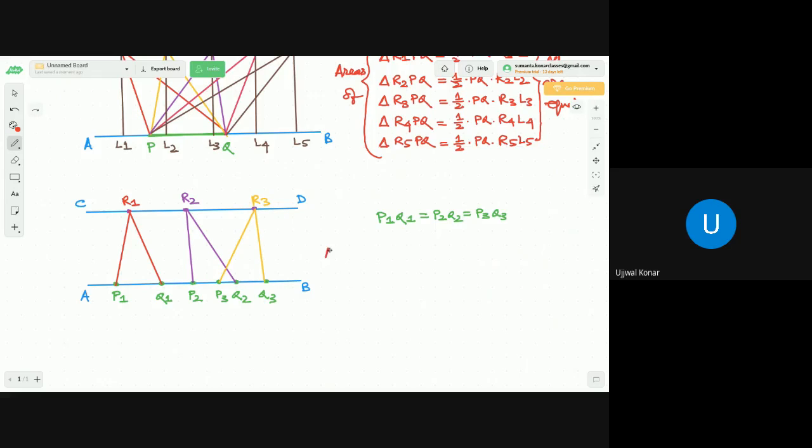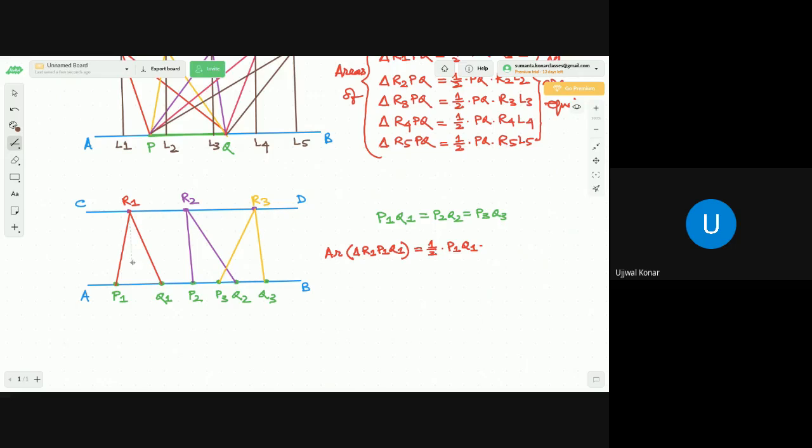Can you tell me what is the area of this one? So half into base, that is P1 Q1, into the altitude, that is from R1, we can draw a perpendicular, correct?